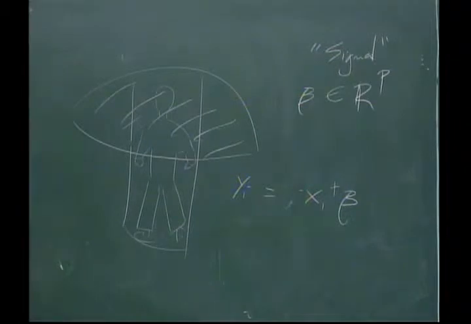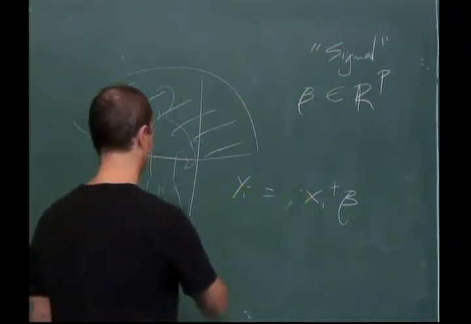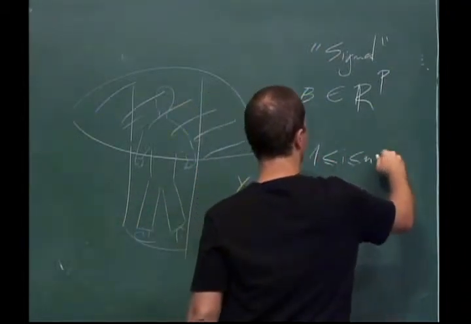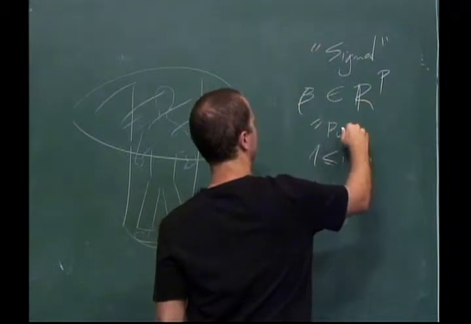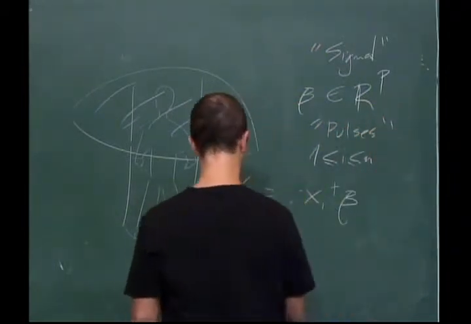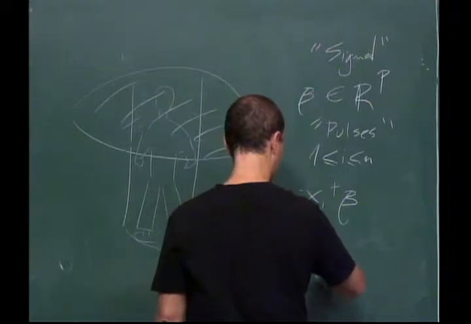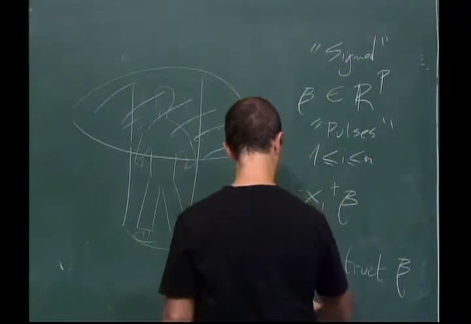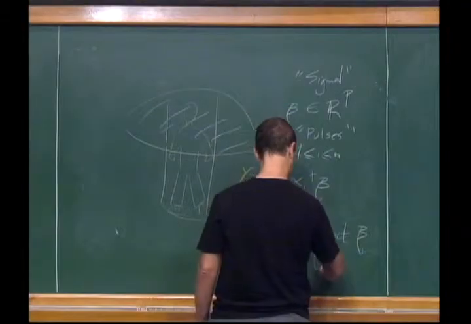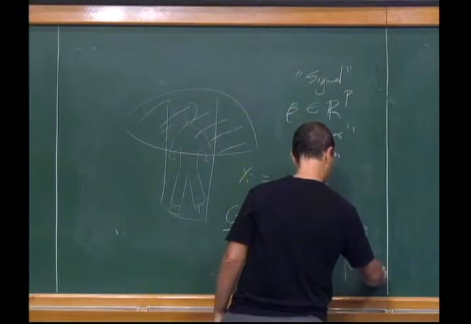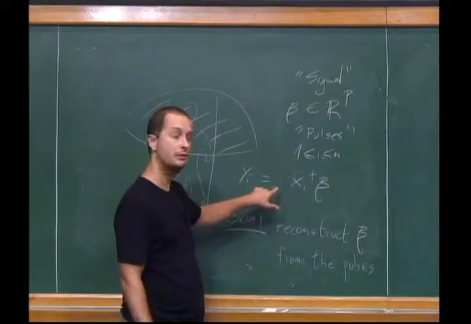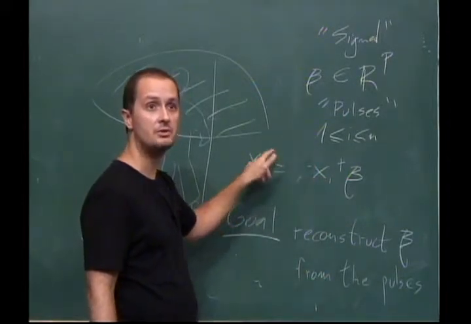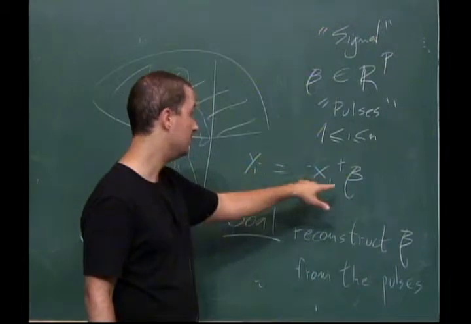And the goal is you want to reconstruct beta from the pulses. So you know what the x_i's are, you know what the y_i's are, you don't know what beta is, and you want to reconstruct it from knowledge of the y's and the x's.